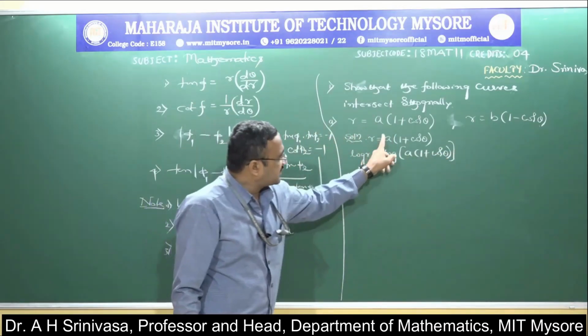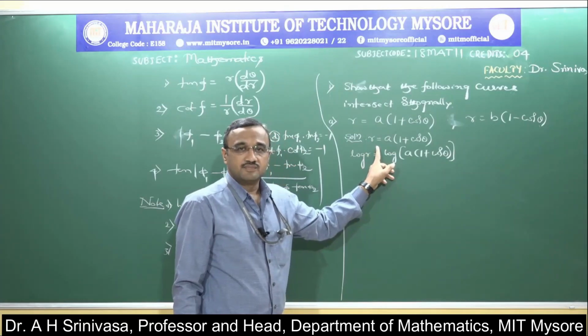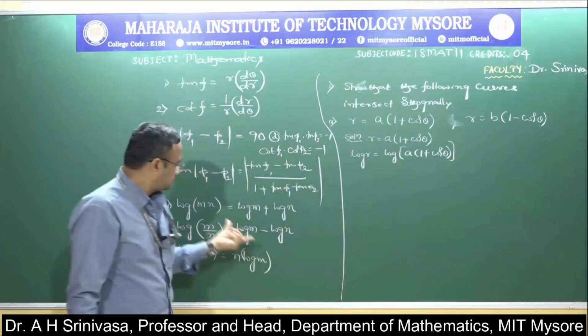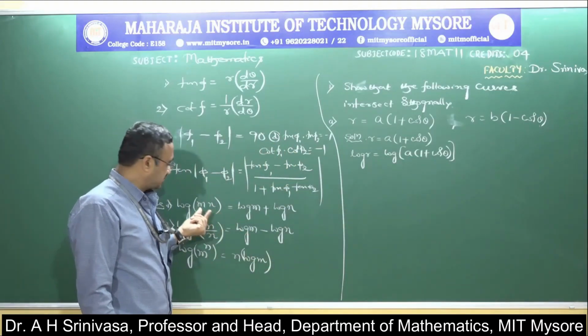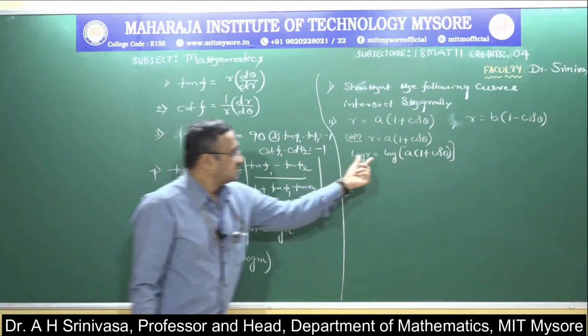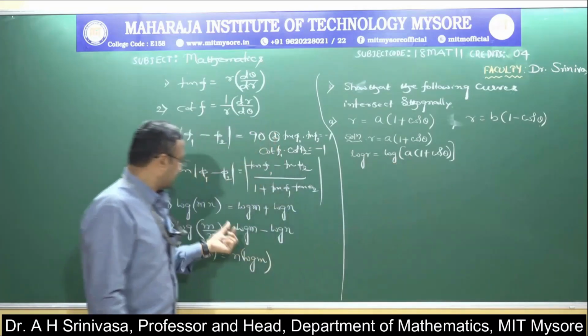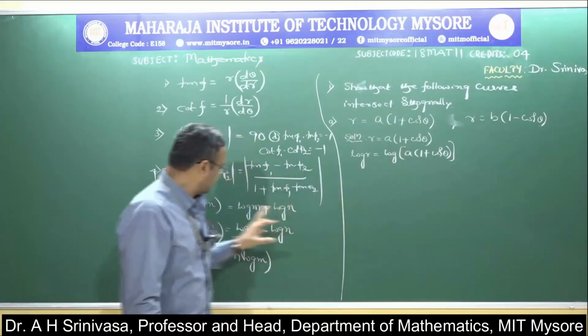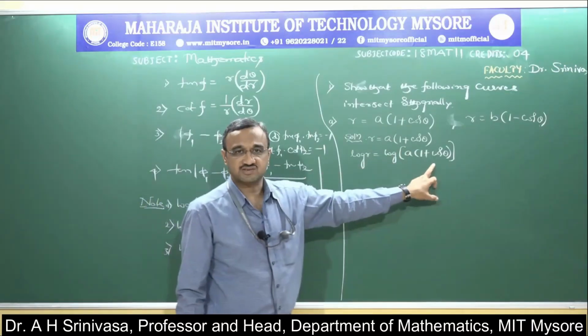After taking the log for this problem, what happens? This relates to the theorem for the product of two functions: log of m into n, where in place of m you have a, and in place of n you have 1 plus cos theta.